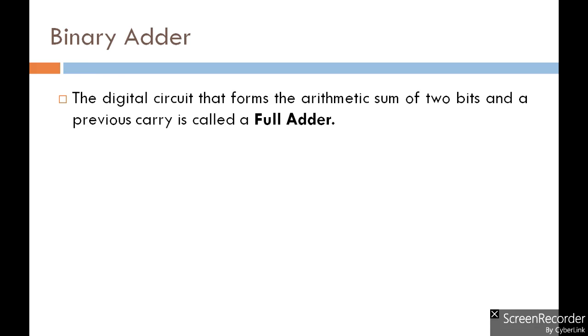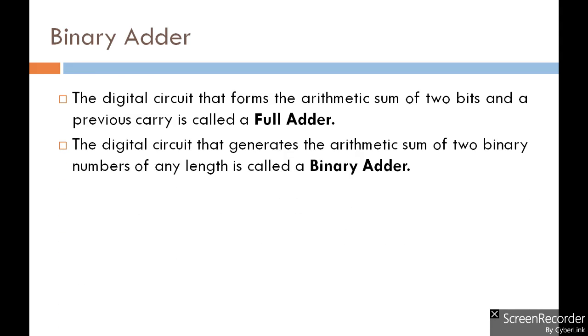that is transferred to its next stage. Now, the digital circuit that generates the arithmetic sum of 2 binary numbers of any length is called a binary adder. That means in a binary adder we use full adders, and if a binary number is of size 4 bits, then we use 4 full adder circuits to add two 4-bit binary numbers.